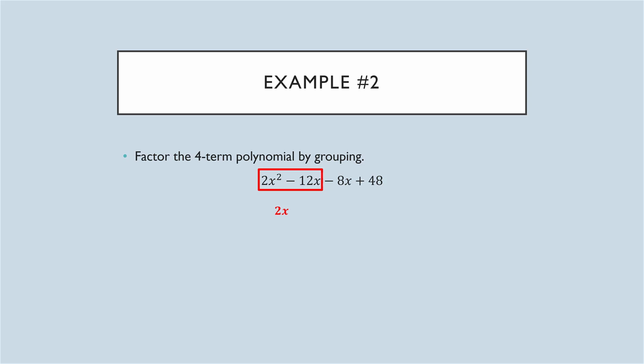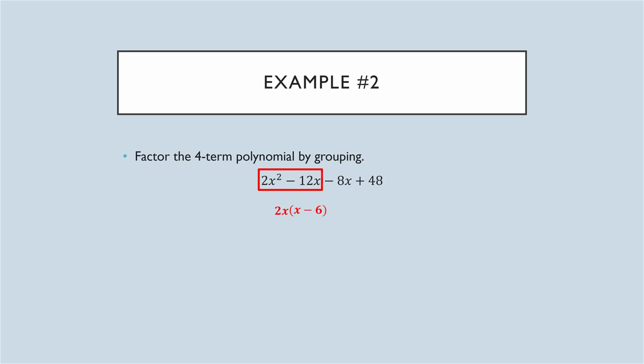Find out what I need to put inside my parentheses. Well, for 2x squared, I already have 2x, so I need another x. And then I have a minus sign so that I can get to negative 12x. Negative 12x, and I'm already at 2x, I need to multiply by 6. There's our first set of GCF factors.